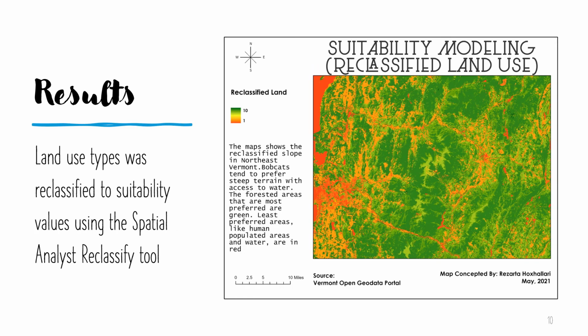For each land type, I entered a specific value, and I reclassified the land use. The maps show the reclassified land use in northeast Vermont.